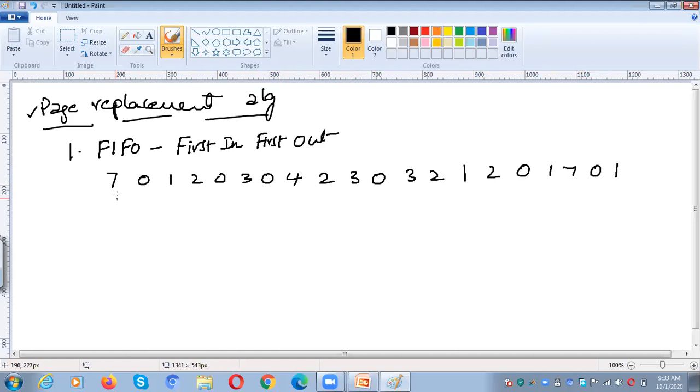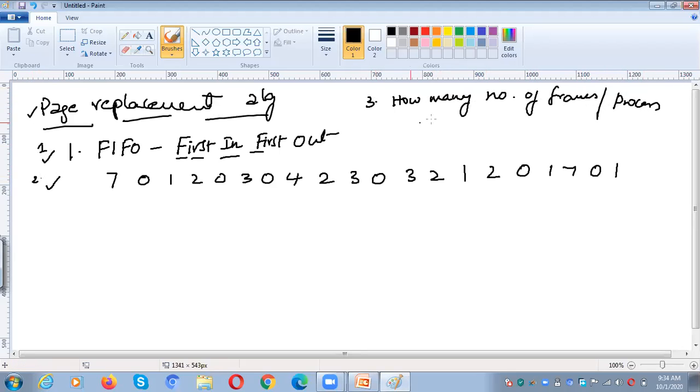In order to solve this reference string, first you need to check which algorithm it is, first in first out, and next what the reference string is. The third point is how many frames are available per process. Whenever a page replacement algorithm question appears in your examination paper, you need to check these.